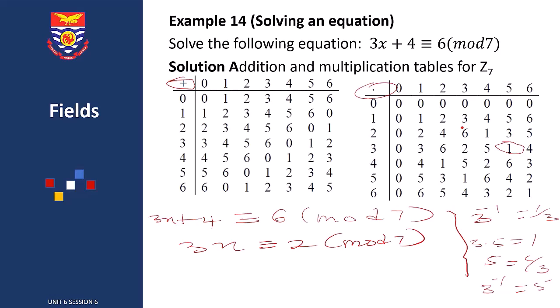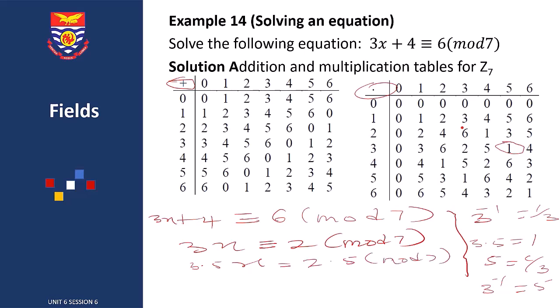Having established that, where I'm dividing by 3 I can represent it as multiplying by 5, because 3 to the power negative 1 gives me the same result. So I can say that 5 times 3x equals 5 times 2 mod 7.